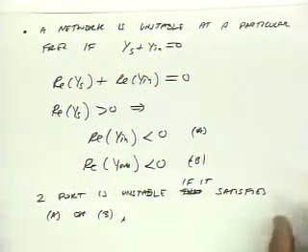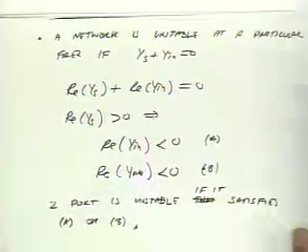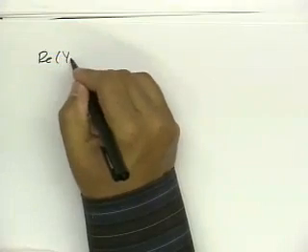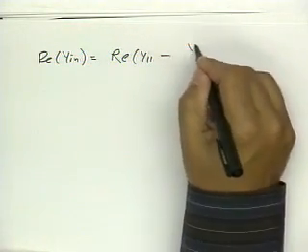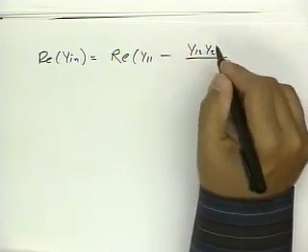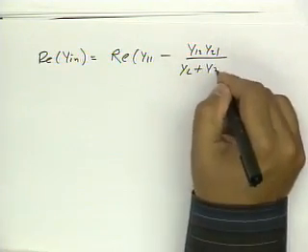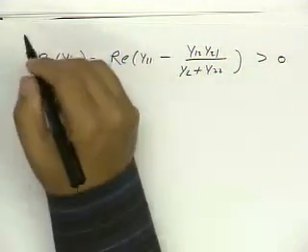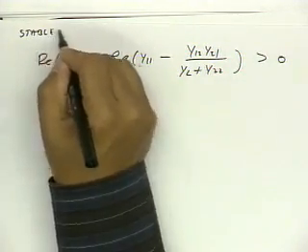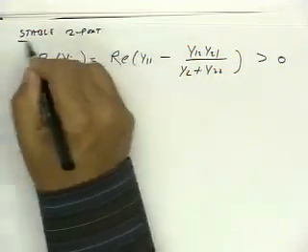So now that we have expressions for Y in and Y out, let's just plug in. For a general two-port, the real part of Y in is the real part of Y11 minus Y12, Y21, over YL plus Y22, and this. So now we're going to look for stability. So the opposite is true.